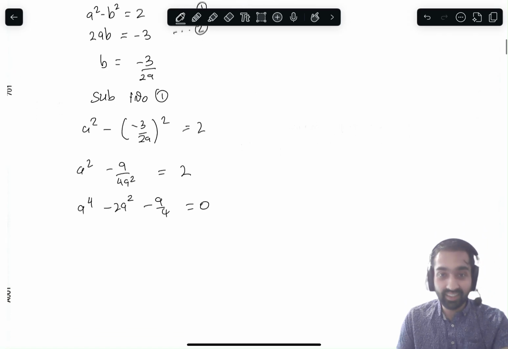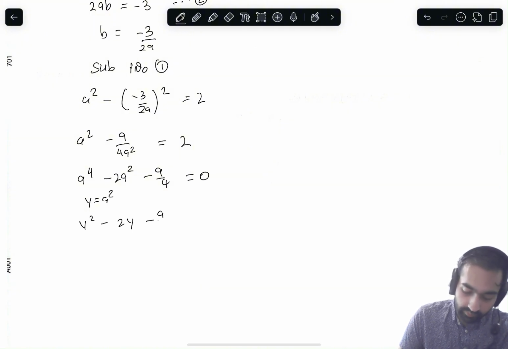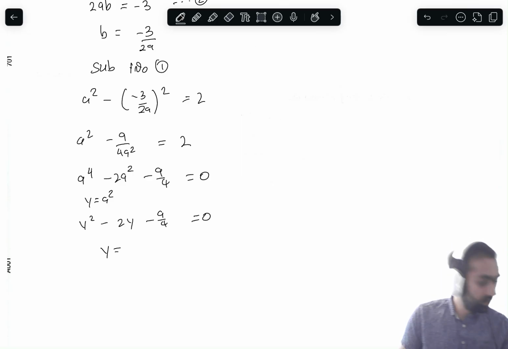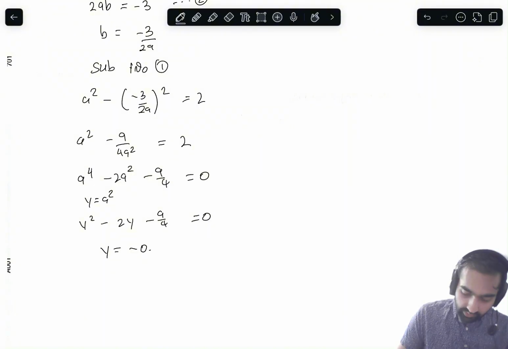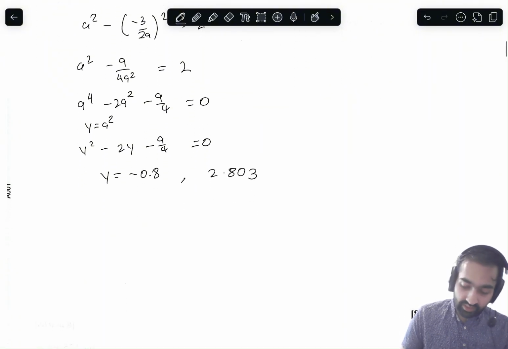So it's a quadratic in a squared. Let y equal a squared, so I get y squared minus 2y minus 9 over 4 equals 0. Using the quadratic formula, the solutions are minus 0.8 and 2.803. Remember, y is a squared, so a squared is minus 0.8 or 2.803.